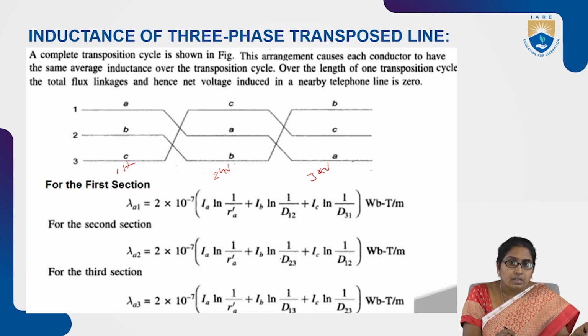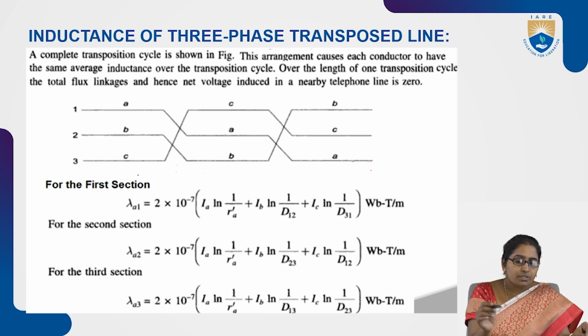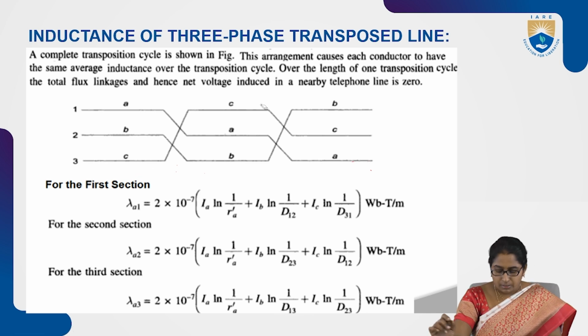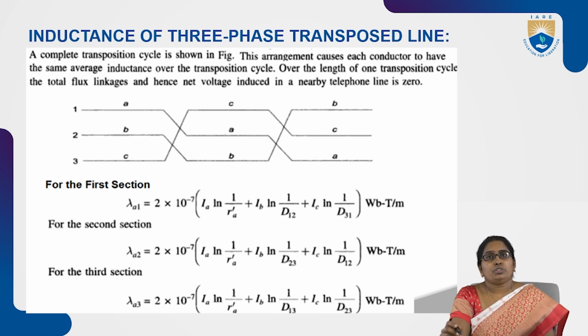The neighbouring conductors' distances are D23 and D21. Similarly, when it is in third position, we have its own radius component and the remaining terms related to D31 and D32. That is how we get the flux linkages of conductor A in each position.